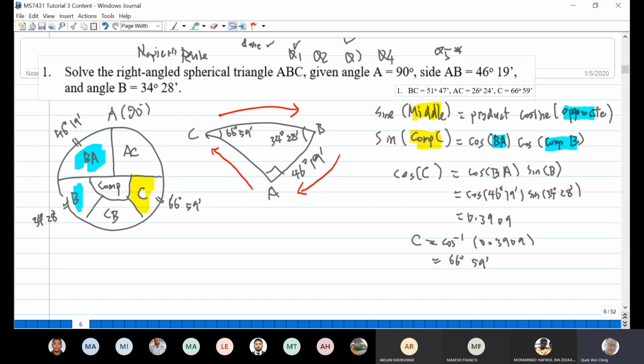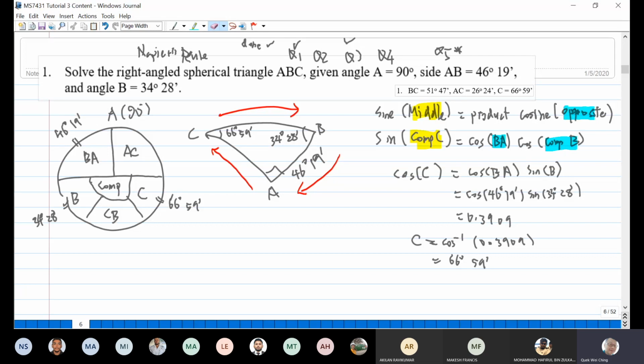Let me erase the color now. What are the things I can find? So erase the yellow here, erase the blue here. The next thing you can find is, let's say, BC. Okay, BC is a good choice.